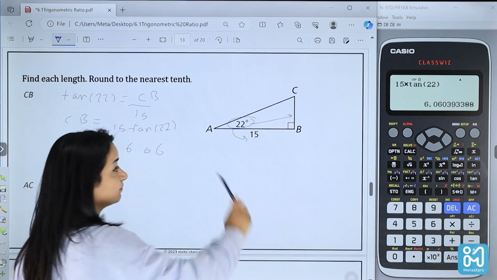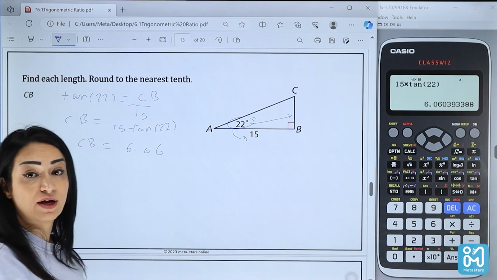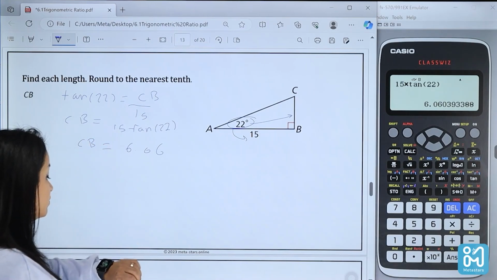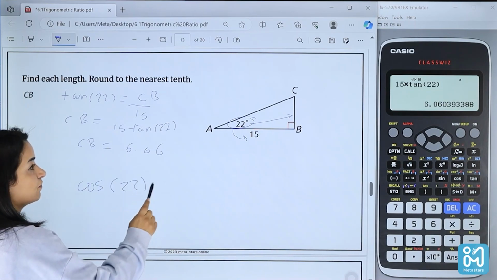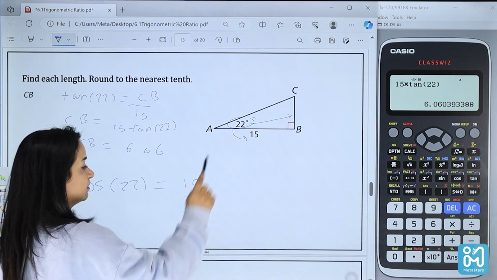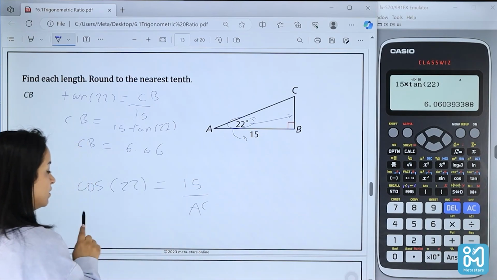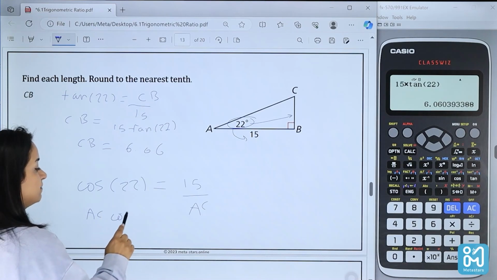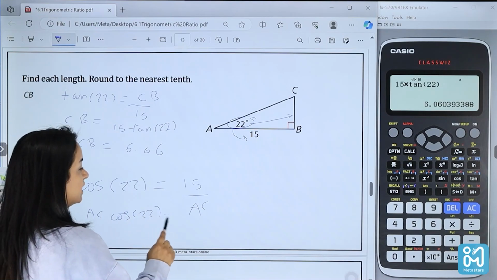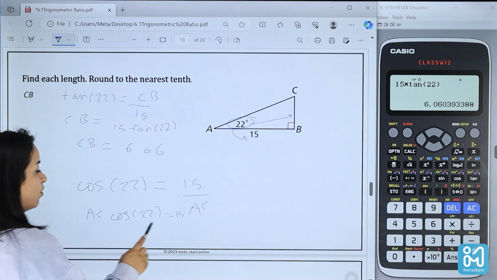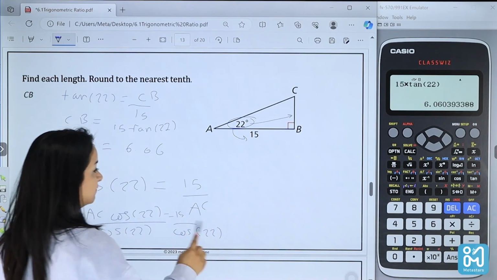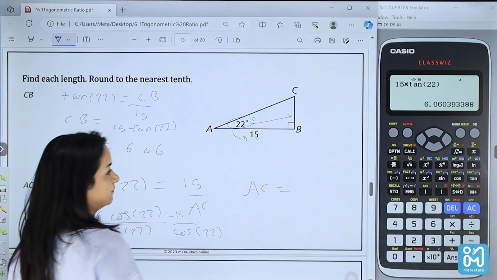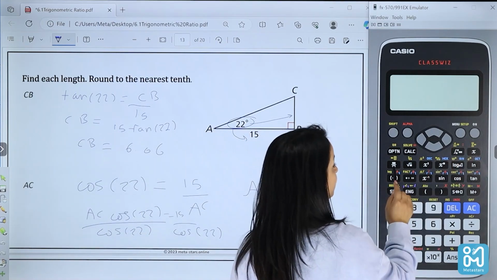Okay, now we need to find the AC. So I have the angle, I have the adjacent, I need to find the hypotenuse. So here we can use cosine. So cosine 22 is equal to 15 over AC. So AC times cosine 22 is equal to 15, then divide by cosine 22 to get the value of AC: 15 over cosine 22.